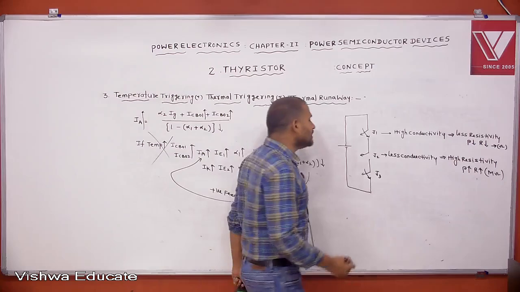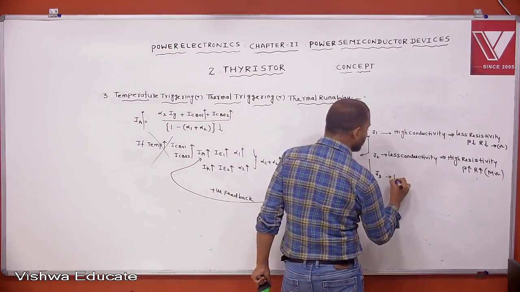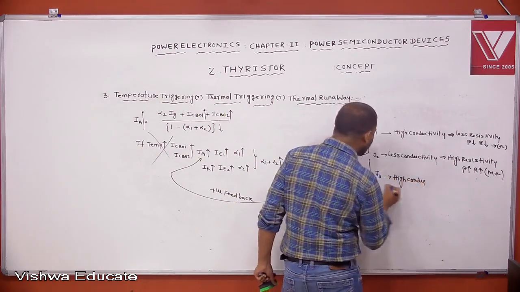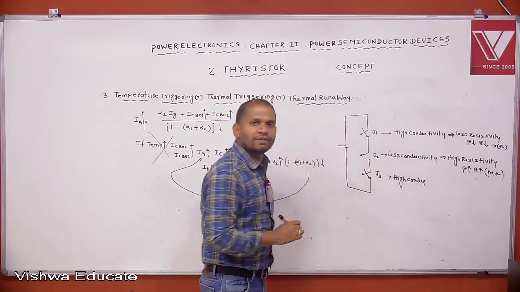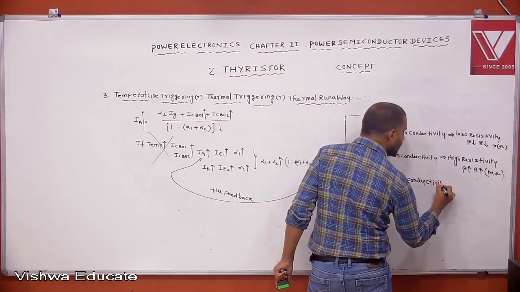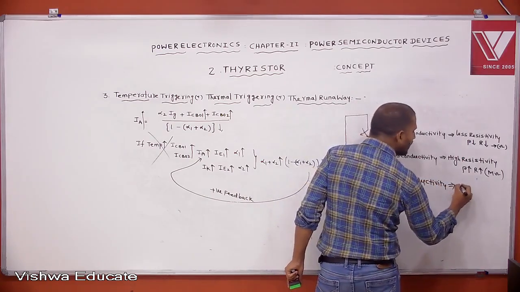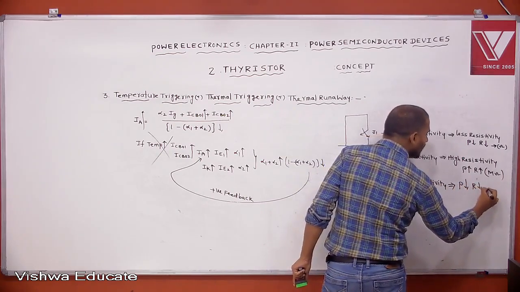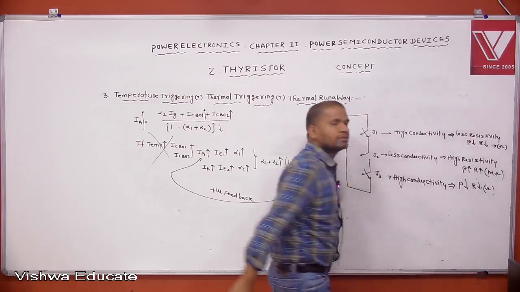Then what about J3? It offers high conductivity, because this junction is closed. High conductivity means resistivity is less, and resistance is also less, in the range of ohms.